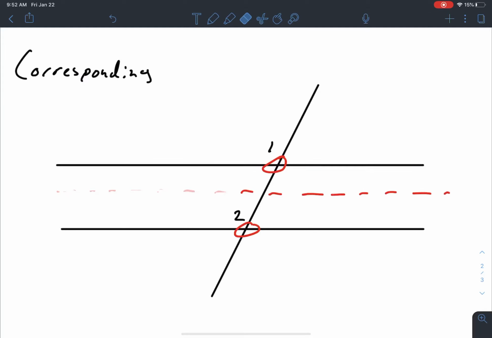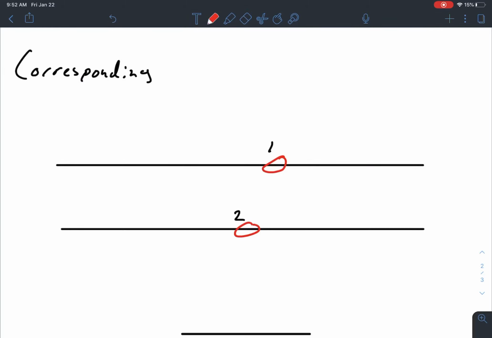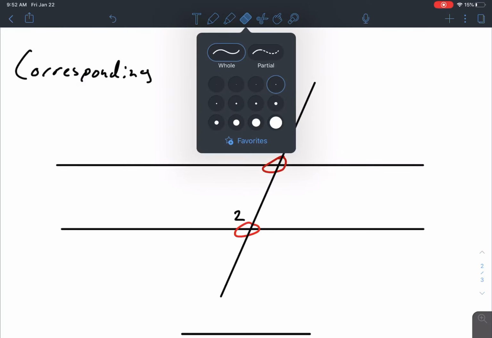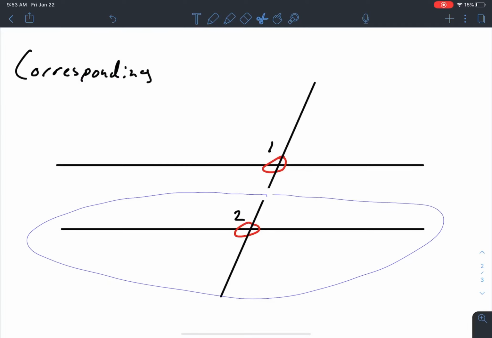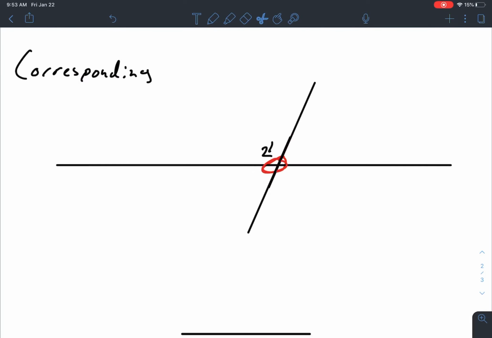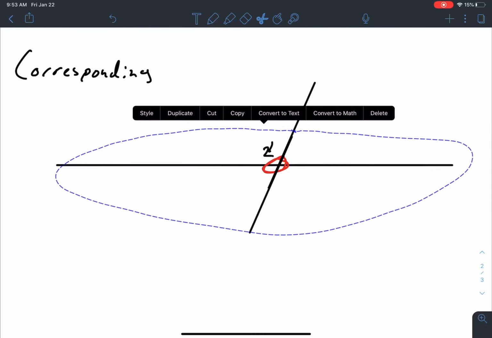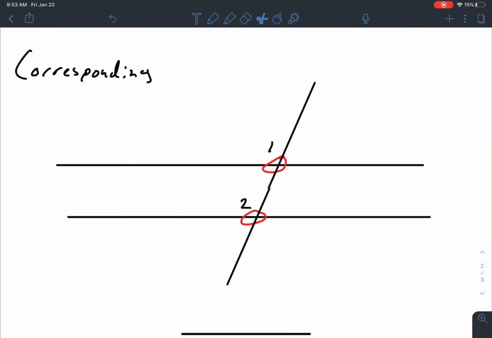I'm going to erase that, draw my line back through here. I'm going to erase a little chunk from the middle here, and then move this to show you that if I put these on top of each other, the angles are in the same spot.